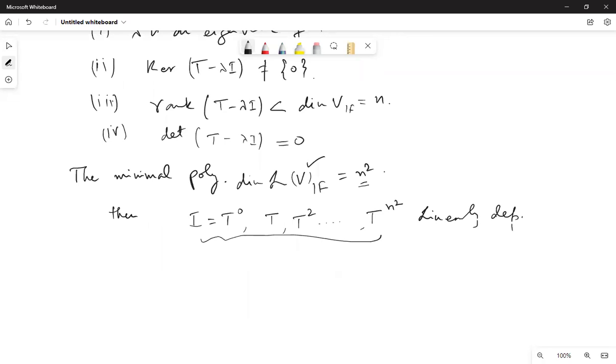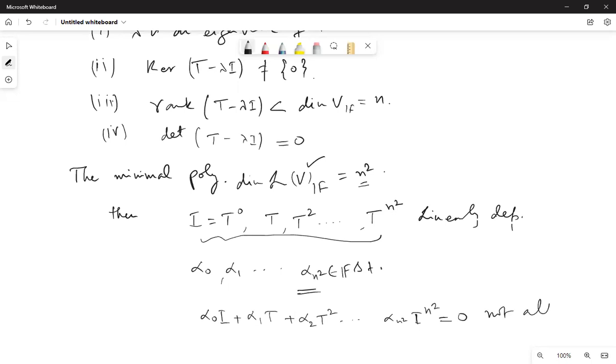So we may have some alpha naught, alpha 1, and so on, alpha n square in F, such that alpha naught into I plus alpha 1 into T plus alpha 2 into T square, and so on, alpha n square T raised to n square, is equal to 0, with not all alpha i's equal to 0. This is what linearly dependent means.